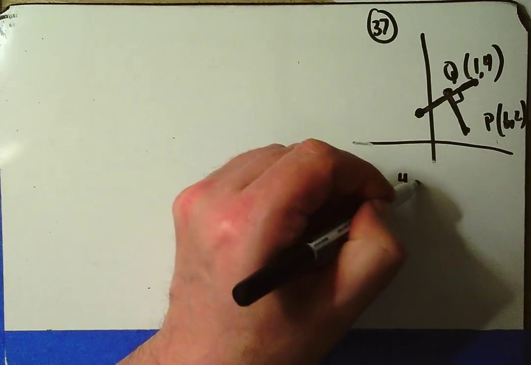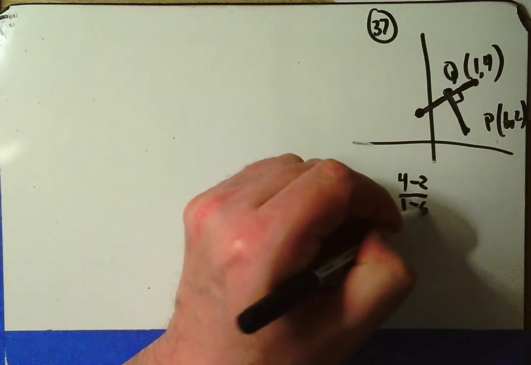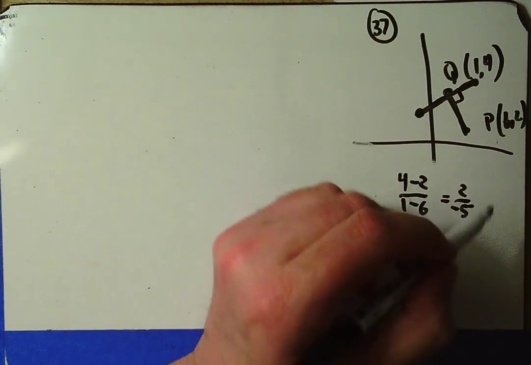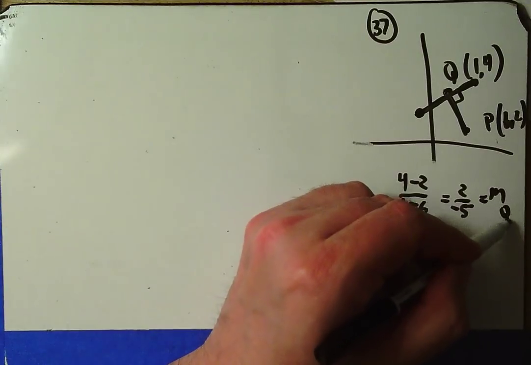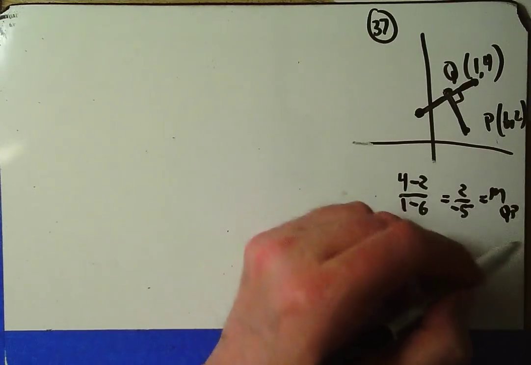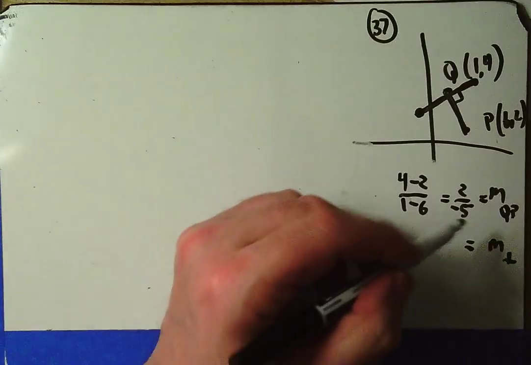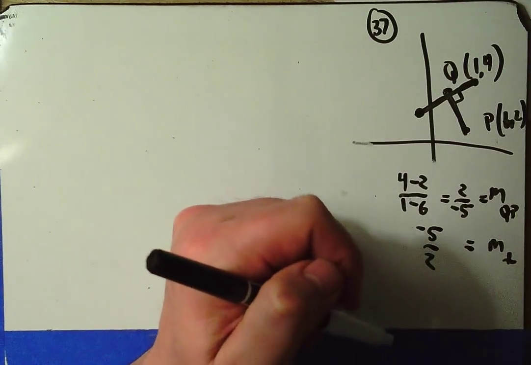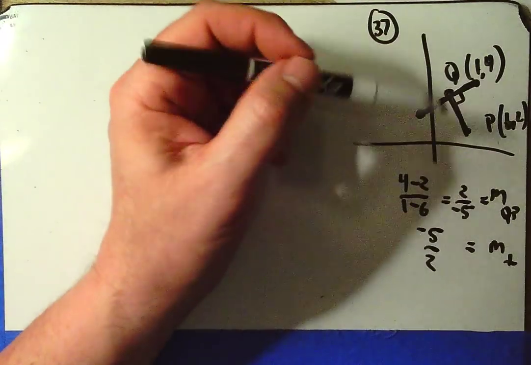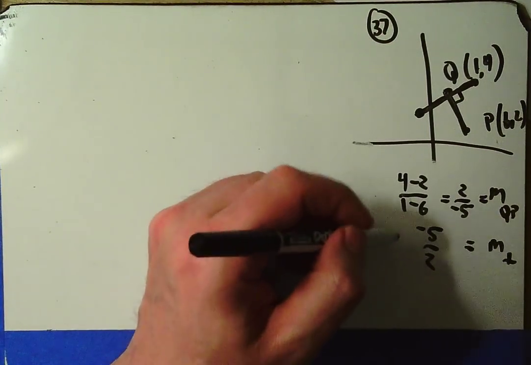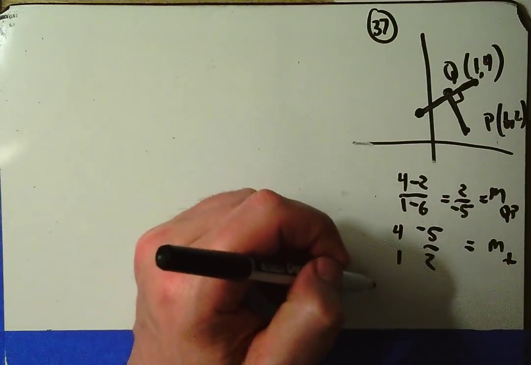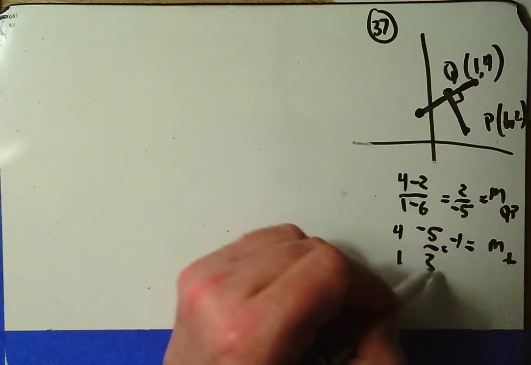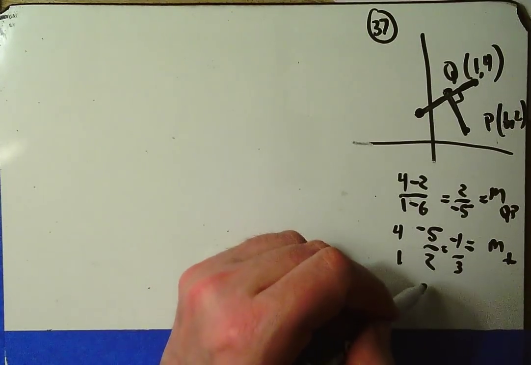That's going to be 4 minus 2 over 1 minus 6, which is 2 over negative 5. That's the slope of QP. But the slope of the perpendicular has got to be negative 5 over 2. If I'm at the point 1, 4, I'm going to go down 5, that'll give me negative 1, and up 2, that'll give me 3.